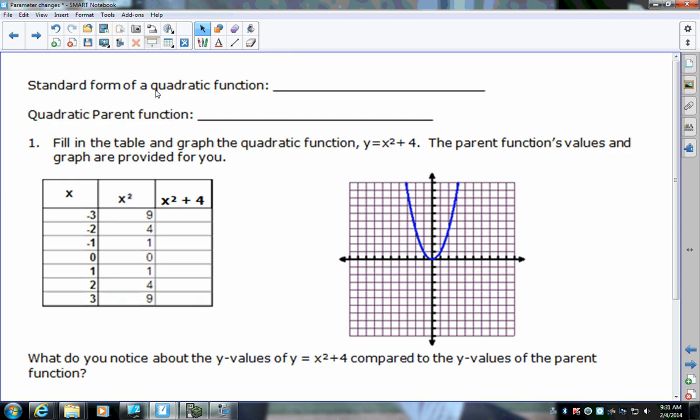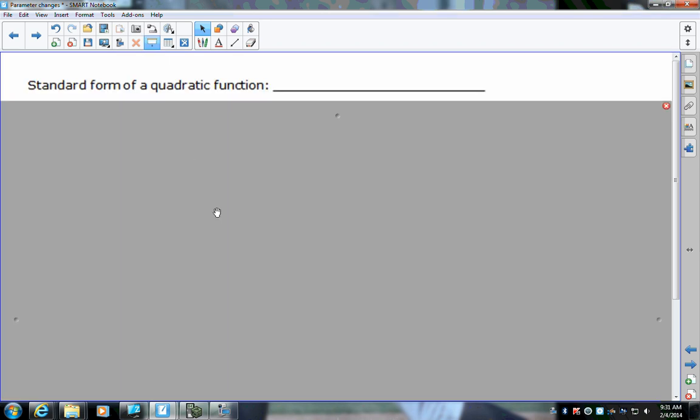So on the paper you have in front of you, the first thing it says is the standard form of a quadratic equation. Standard form for a quadratic equation, you need to have written down, is y equals ax squared plus bx plus c.